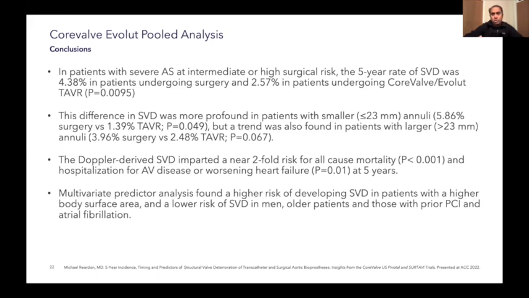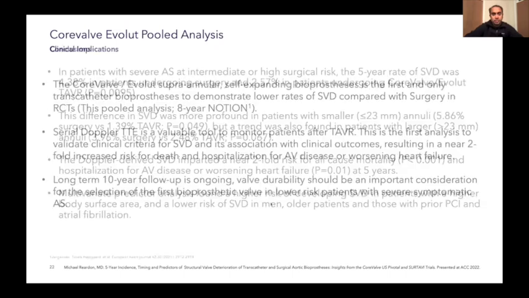Now, this definitely portended worse hard outcomes across the board. When you did have structural valve deterioration, you tended to have worse mortality, worse morbidity with regards to rehospitalization and worsening heart failure. And you can see some of the indicators that would have led to structural valve deterioration, but the highest one really being, or the biggest one really being higher body surface area.